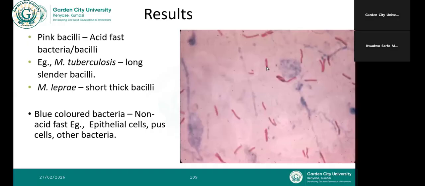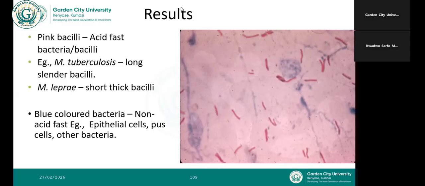They will hold fast to the primary stain. And subsequently, the blue ones will be the non-acid fast bacteria because they will lose the primary stain when you decolorize. So pink is not always indicative of gram negatives. It depends on the staining technique.